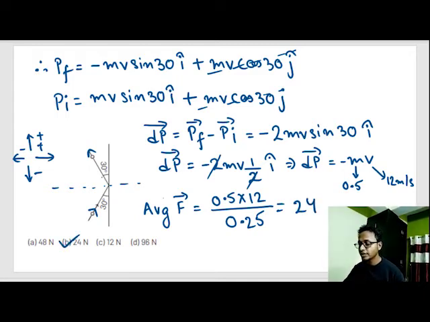The answer is B. There might be some confusion, sir, but the ball is applying some force on the wall. Why are you saying the wall is applying some force on the ball? In Newton's law of motion, when the ball is coming to the wall, it is applying the force on the wall, that's okay. But whenever you are dealing with a body, you always consider all the forces acting on the body.